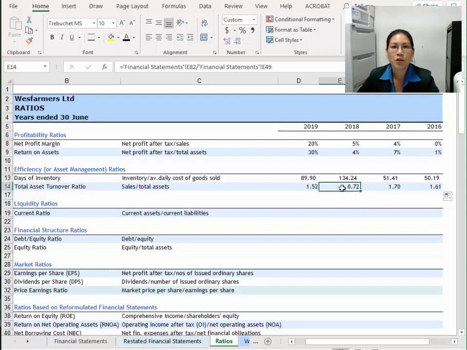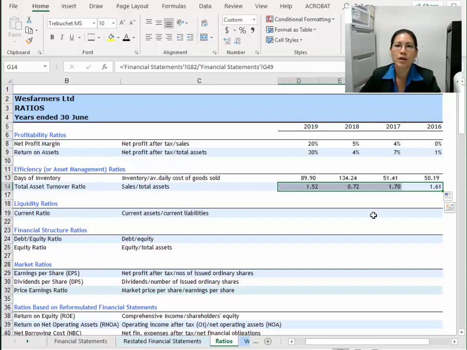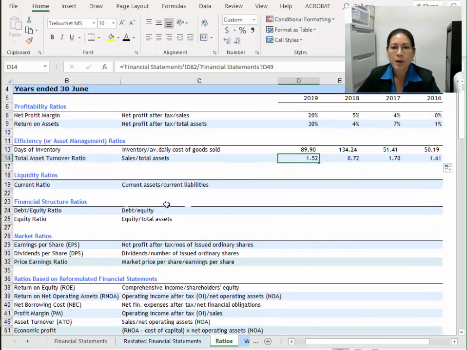Of course, we made a few major changes in 2018 in Wesfarmers, and they've managed to regain that back to fairly near where it was 4 years ago. So over the period, it has slightly decreased, but it's trending on par with itself. So at this stage, no real insights for me.